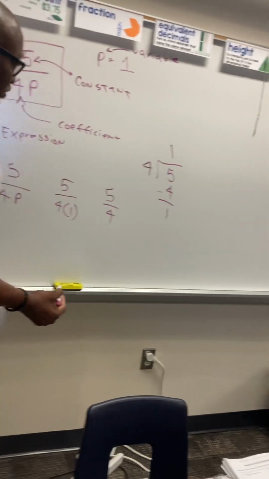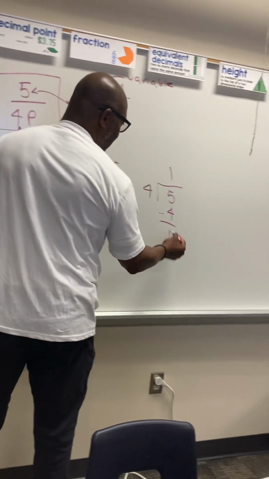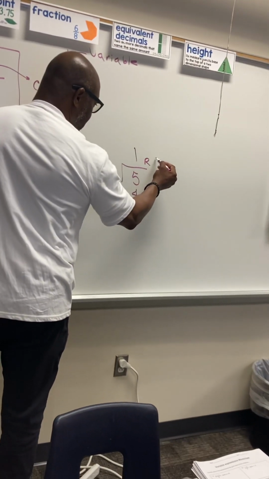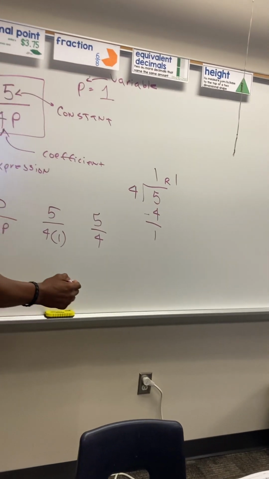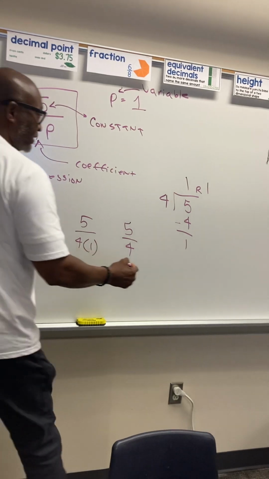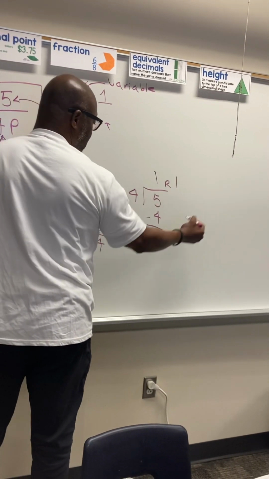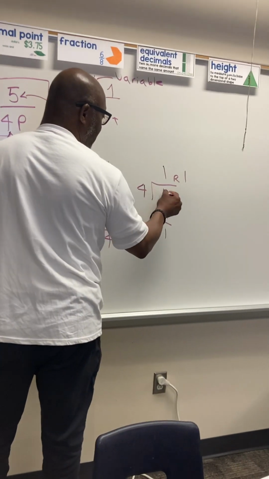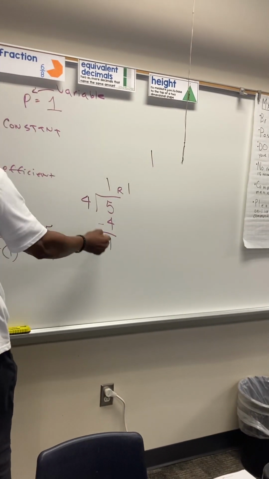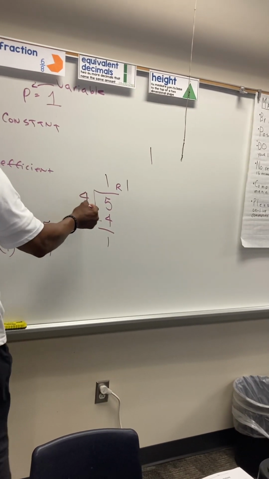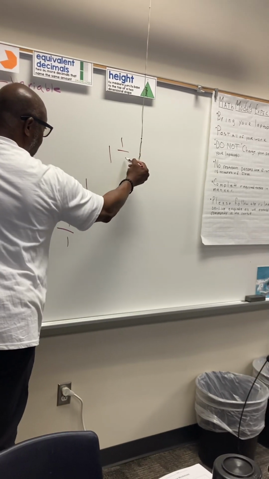Back in elementary school, you took your remainder and just wrote it like that. But now, since you're in high school, the way we write it is you take however many groups of 4 go into 5, which is 1, and you put your remainder over the number you divided by. So that's 1 over 4.